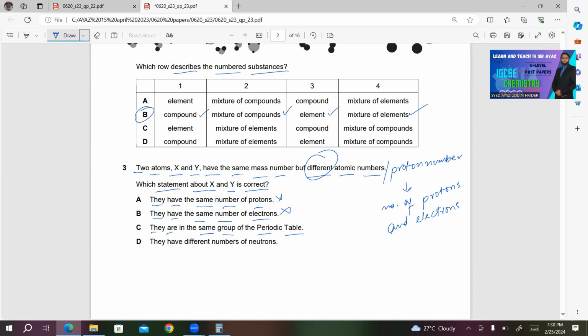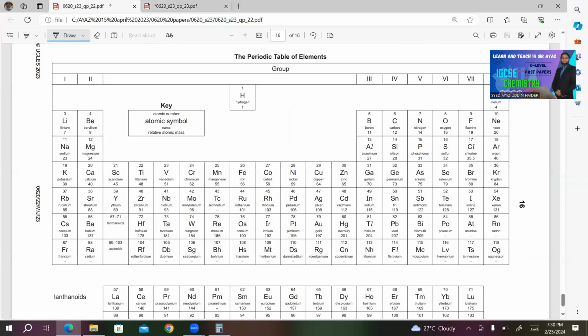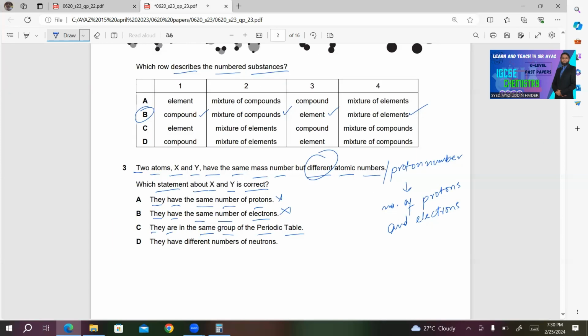Now, with different atomic numbers, it is possible that atoms can be in the same group, but you can see they are saying they have the same mass number. Atoms of different proton number can be in the same group, but you can't have the same mass numbers.